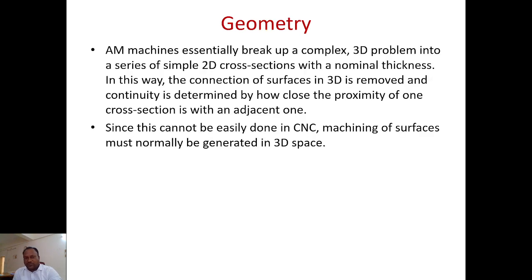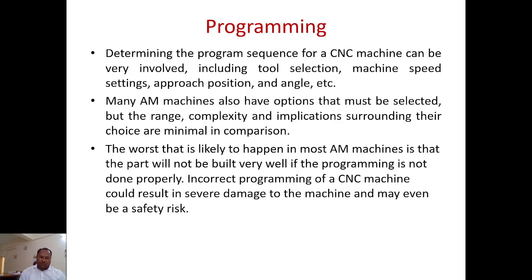And geometry is always discussed as three-dimensional, whereas two-dimensional can be processed easily. This cannot easily be done in CNC, whereas in additive manufacturing we can make mostly normal surfaces.